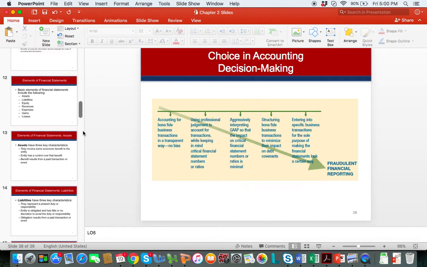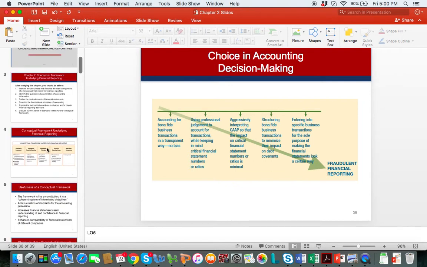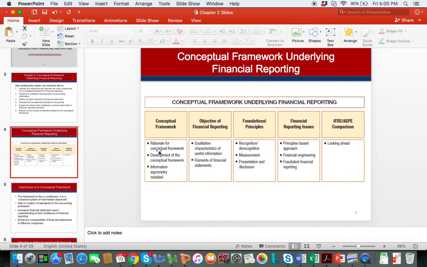So that's chapter 2. The things we were looking at across chapter 2 were the conceptual framework, and how it's designed and built to support financial reporting, and how it was developed. And we were looking at information asymmetry in chapter 1, so adverse selection and moral hazard, and the qualitative characteristics that we use to avoid this.